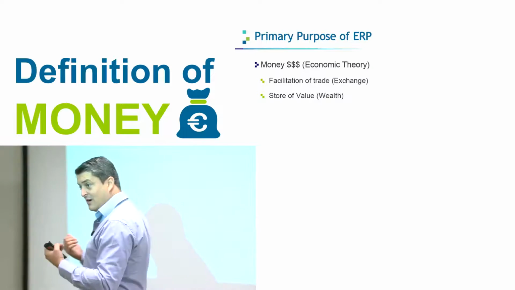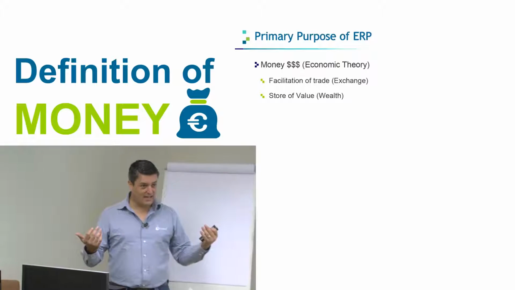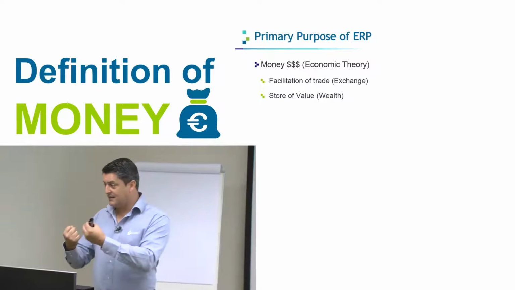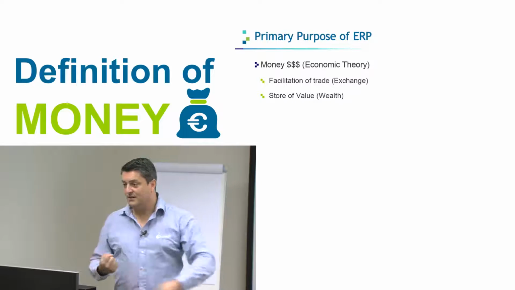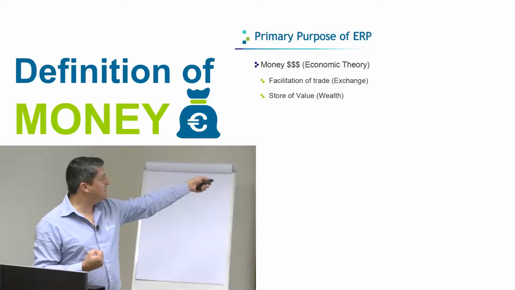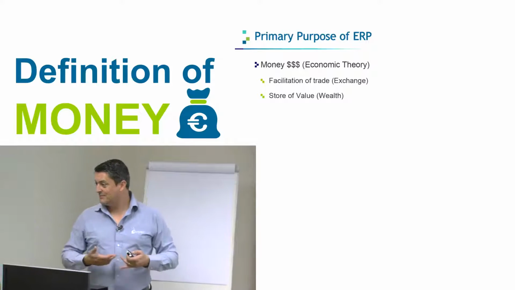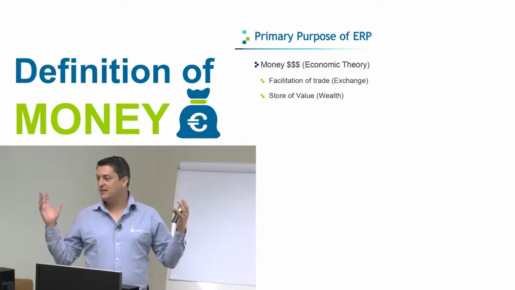Now in the market, I know it's a strange analogy, but it's very basic. Now I take my goat to the market and I receive money. I then take that money and purchase what I want with it. So money is the middle manager that facilitates trade. So ERP, again. Store of value is a measure of what that is.